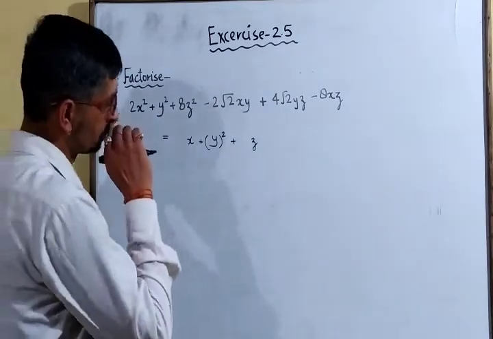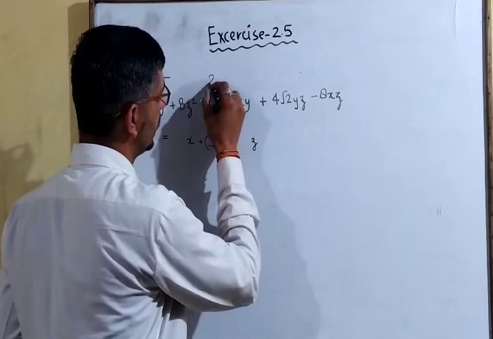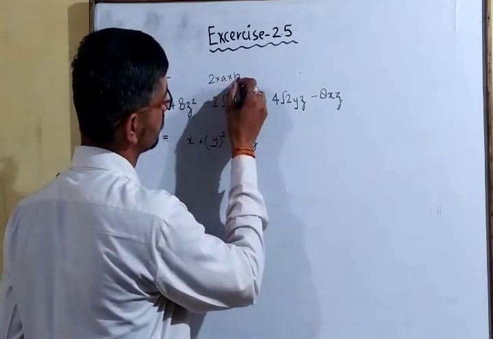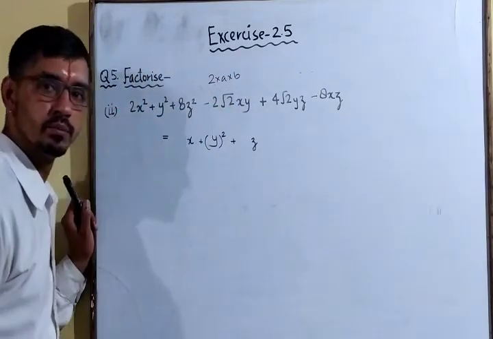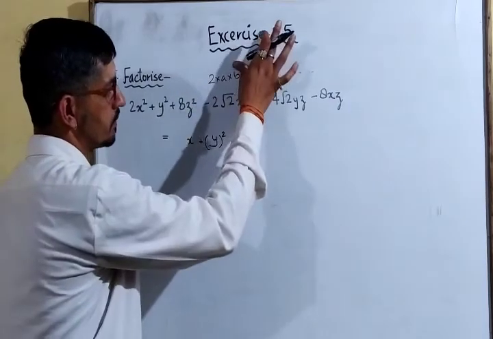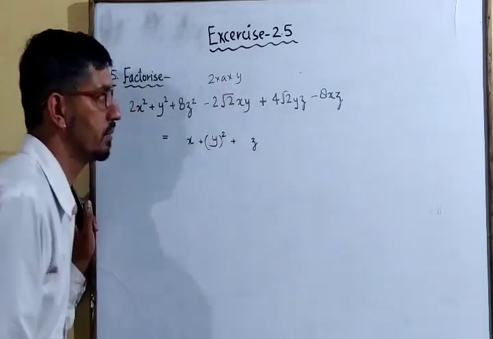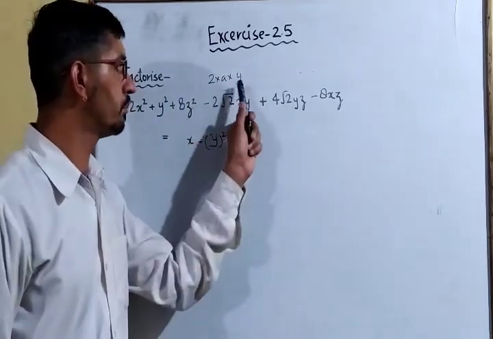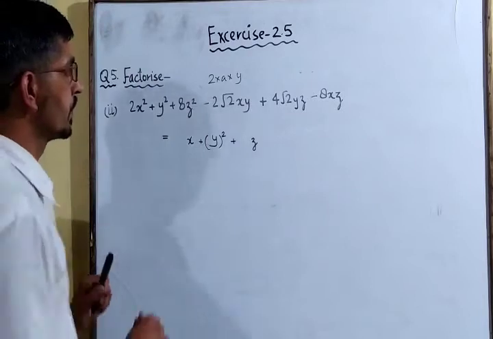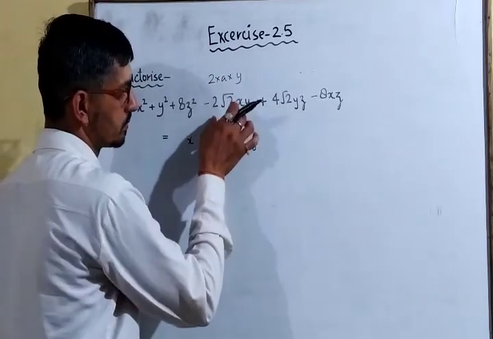Okay. Now it will make 2 into AB. This will make 2AB. We have B, that is y. So in place of B put y. Okay. Now compare these two.